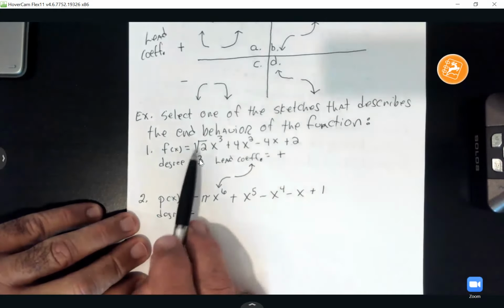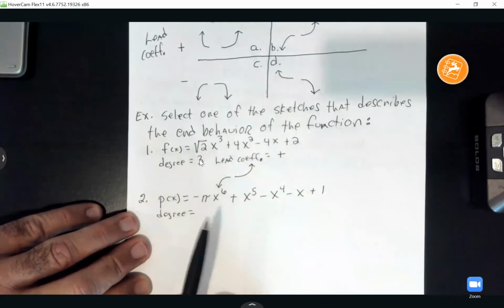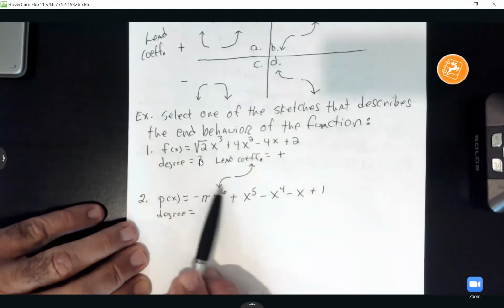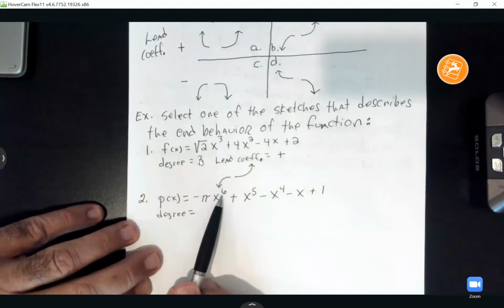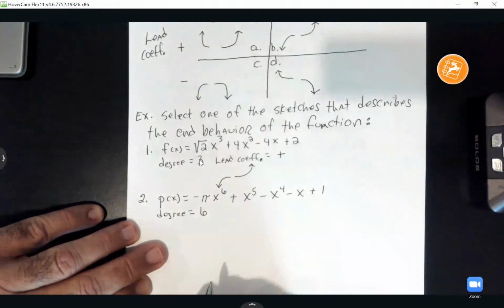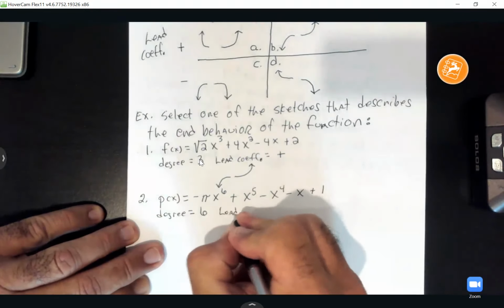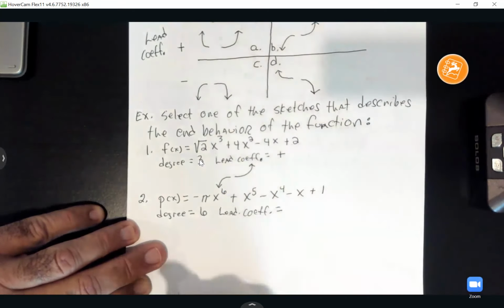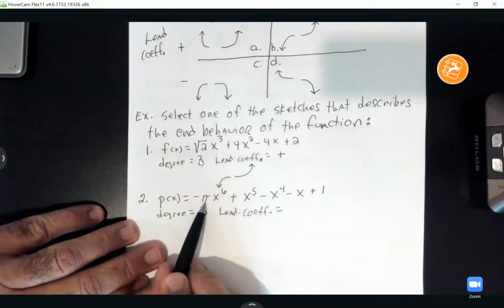And see, they're trying to throw y'all curveballs by putting these radicals in here and this pi. All right, y'all, the highest exponent looks like a 6. So that means my degree is going to be 6. My lead coefficient is this negative pi. But I ain't worried about the pi. All I want is that sign.